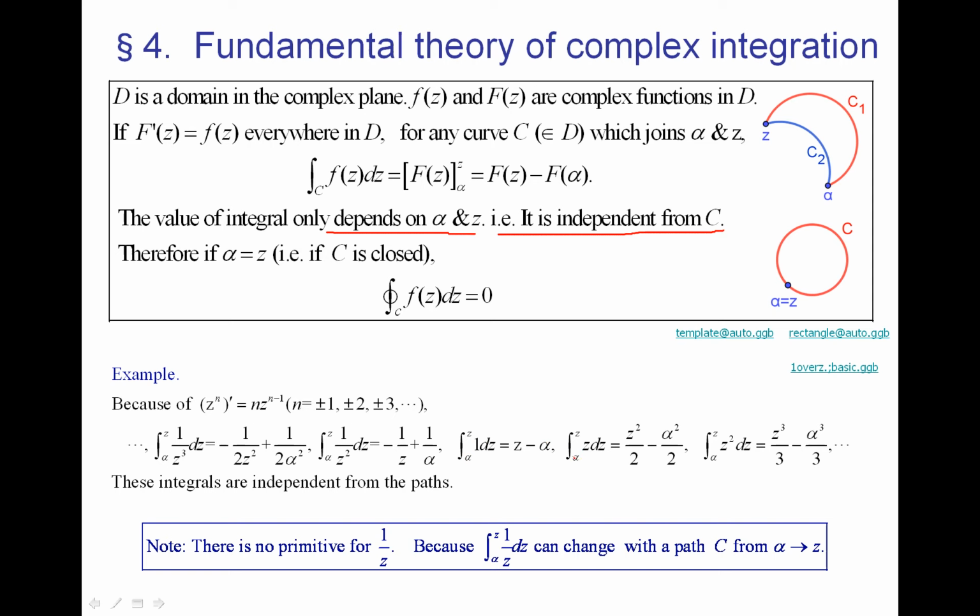Similarly, the integral from alpha to z of z dz equals z squared over 2 minus alpha squared over 2. The integral from alpha to z of z squared dz equals z cubed over 3 minus alpha cubed over 3. Note, there is no primitive for 1 over z, because the integral from alpha to z of 1 over z can change with the path C from alpha to z.